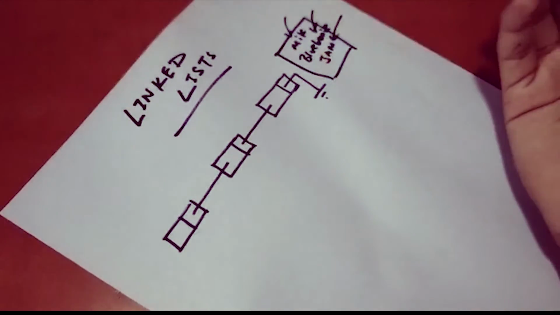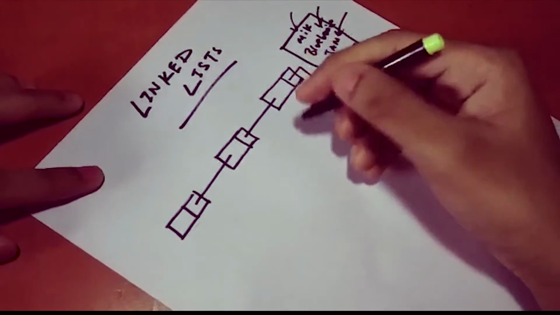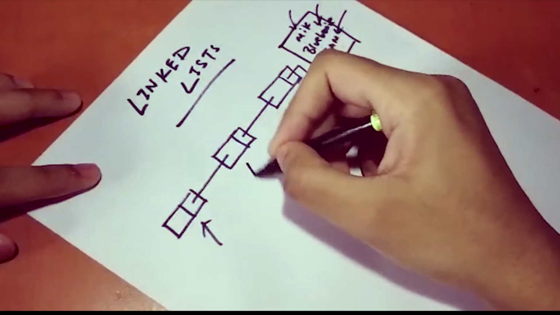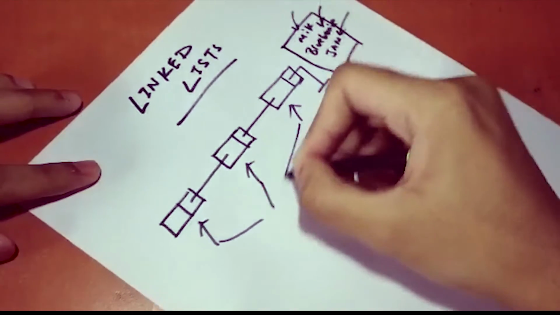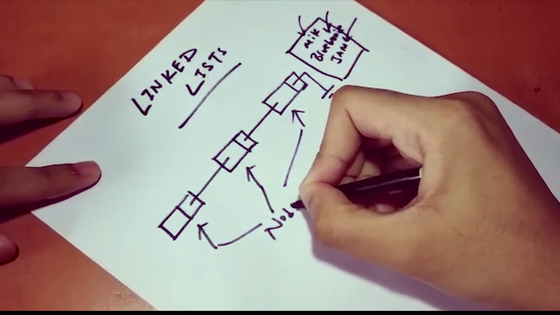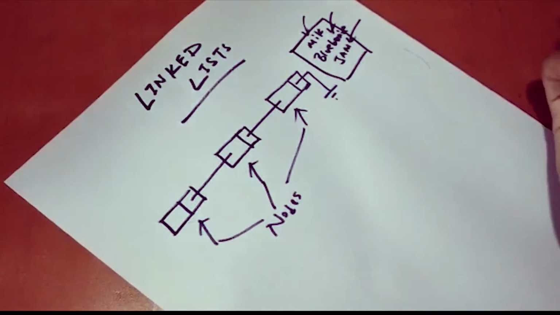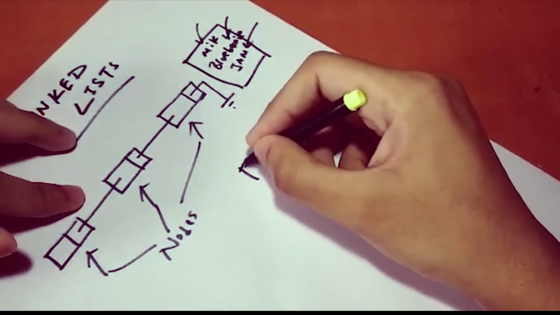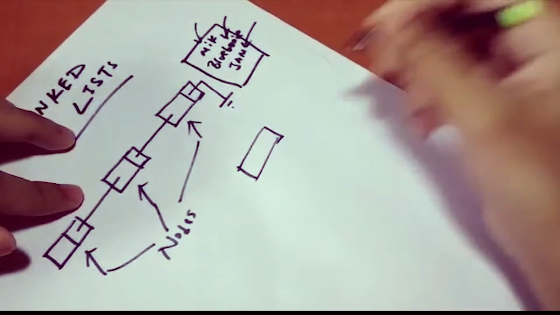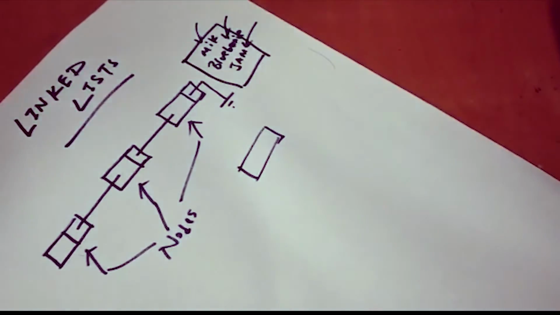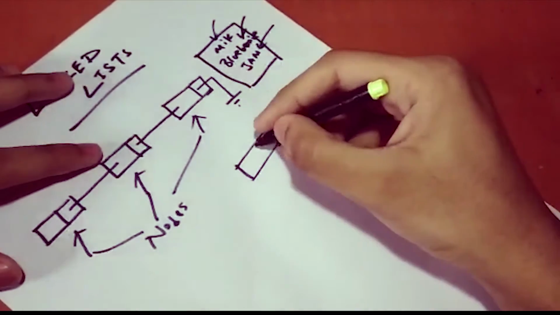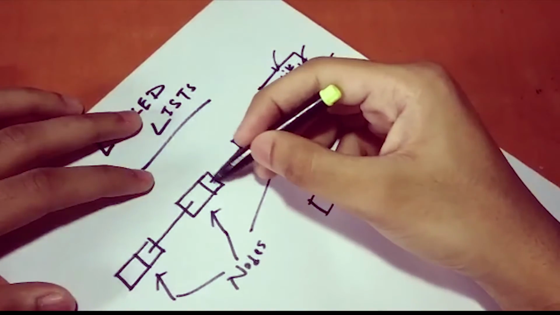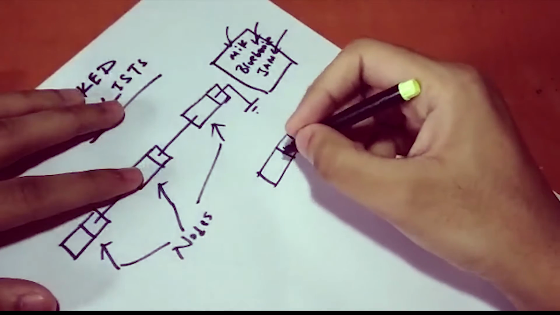Now what are these things? These boxes are called nodes. What is a node? A node is a store machine, you can say. It stores values, and it stores two kinds of values. I draw this line here.